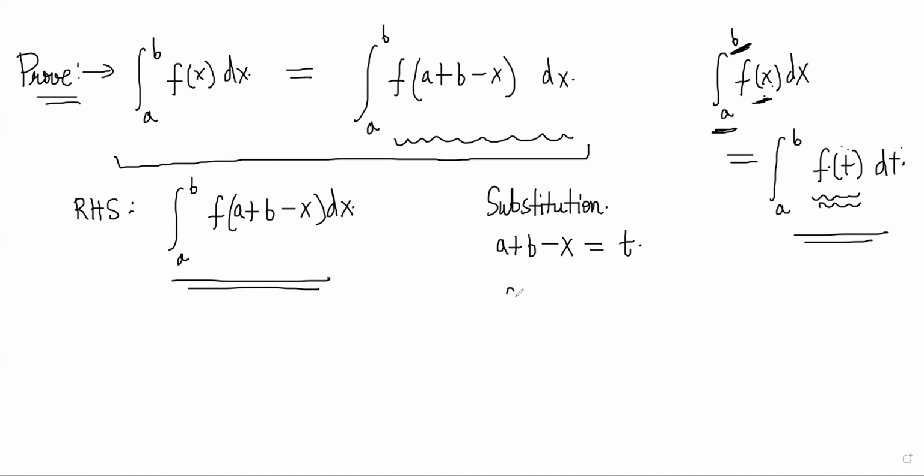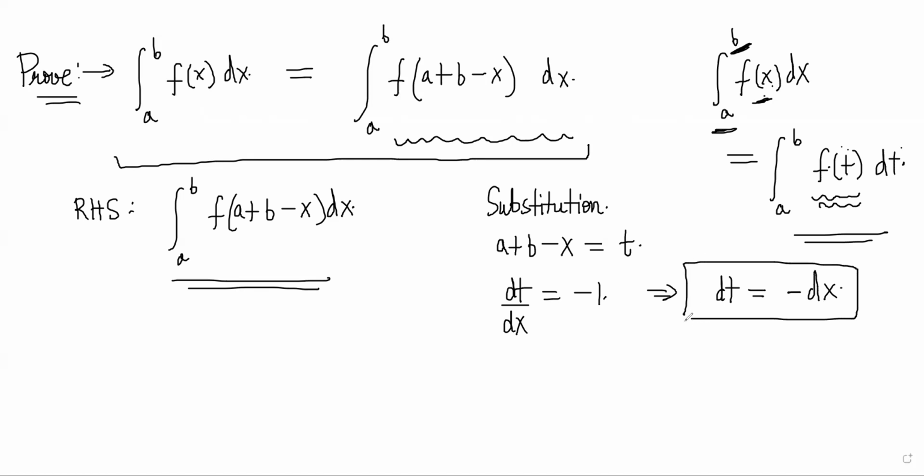If we differentiate, dt by dx would be -1, so dt would be equal to minus dx. So this integral starts looking like f of t, and instead of dx, I can put a minus dt, right?